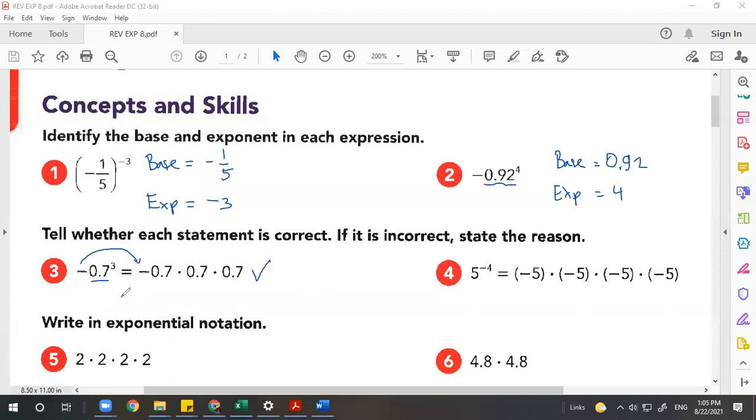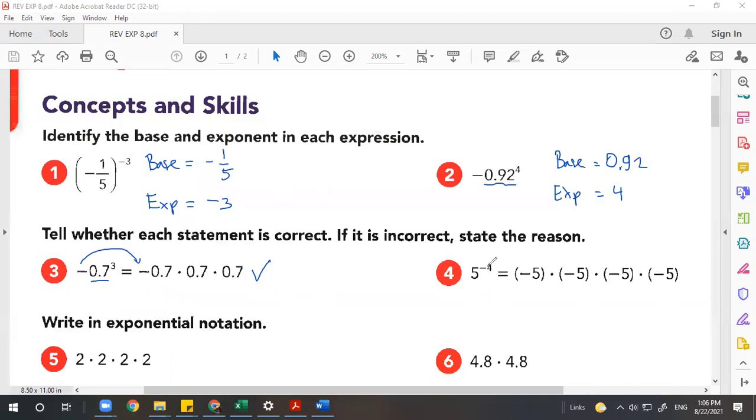Okay, why? Because we don't deal with negative 0.7 times negative 0.7 times negative 0.7, right? If that were happening, it has to be negative 0.7 in brackets, cubed. So this is totally right. So I don't have to give any other explanation.